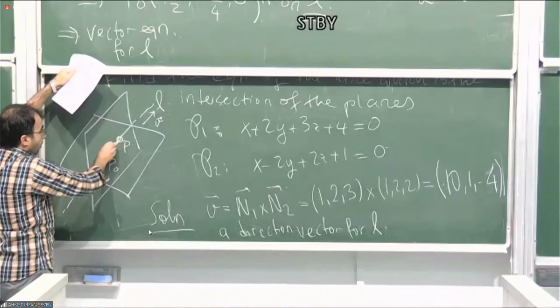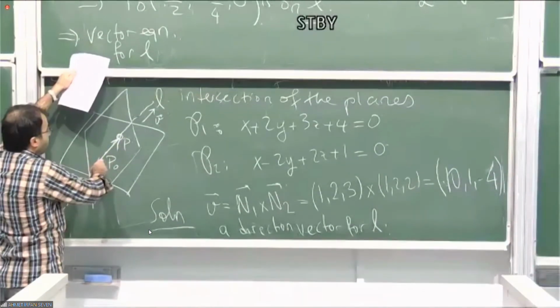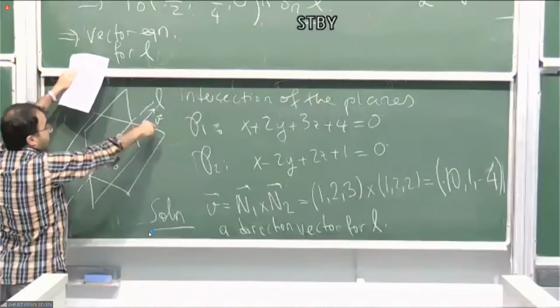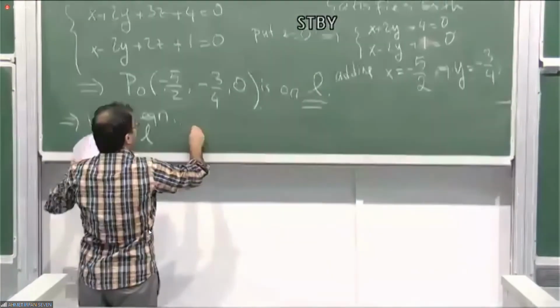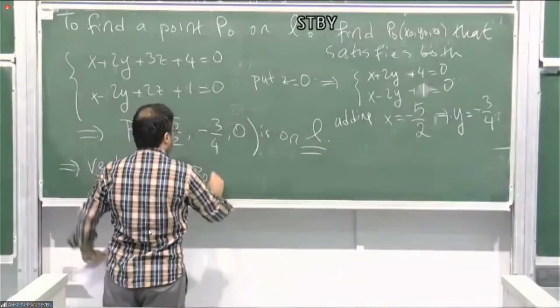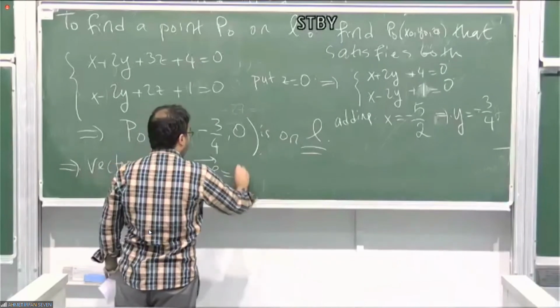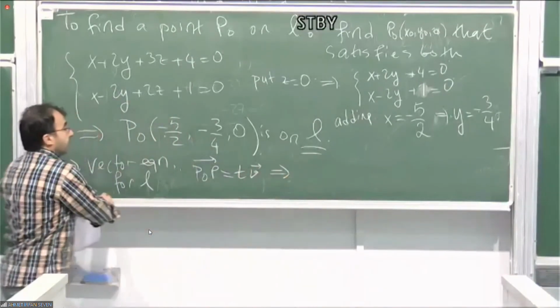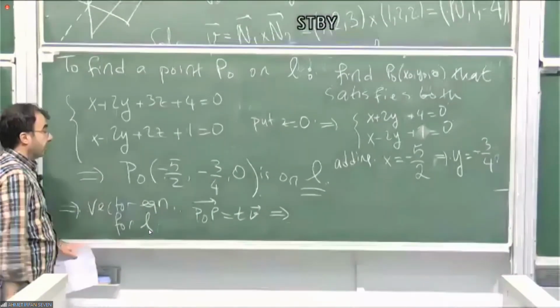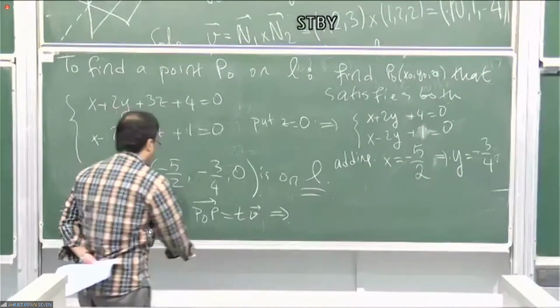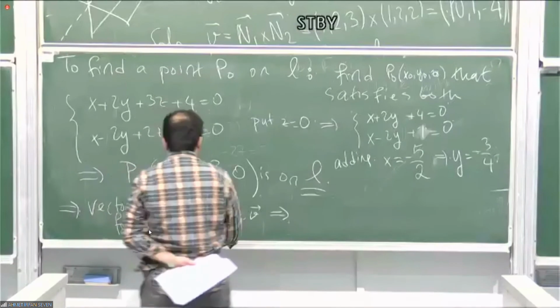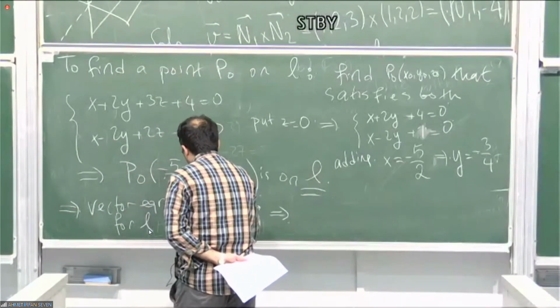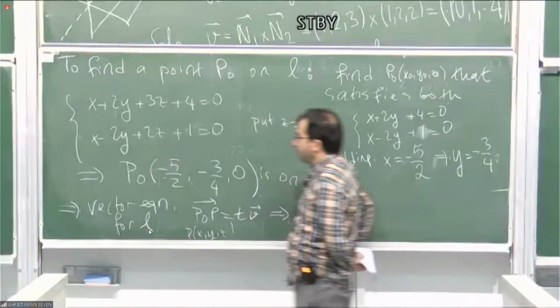We look at this vector P0P, which will be a multiple of V. So P0P equals t times V, where P is (x, y, z), a typical point on the line.